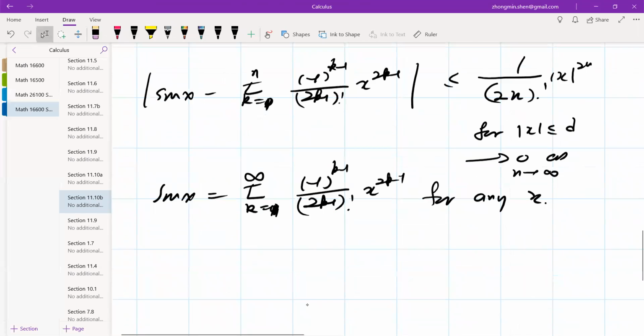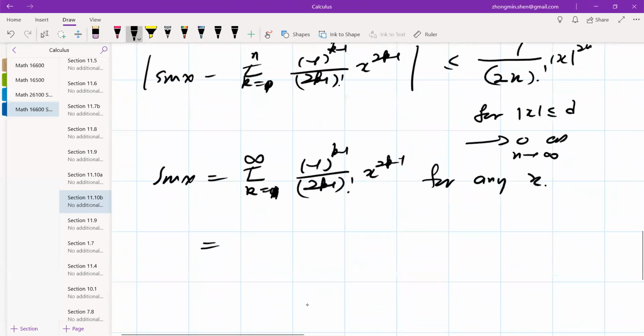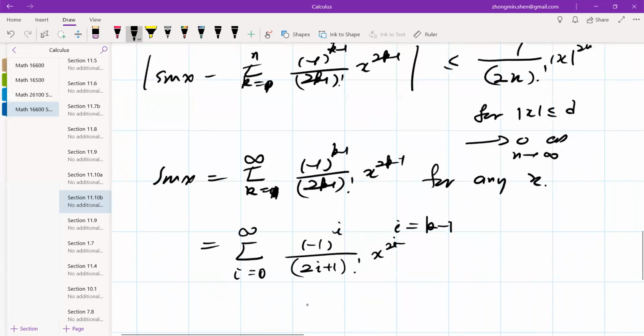So we get this, but you can also rewrite it again using a new index. For example, i equals k minus 1. So i will be starting from 0 to infinity. And then 2k minus 1 will be 2i plus 1. Right? And here will be i. Here will be x to the 2i plus 1. That's another form. Okay. All right, so this is sine x.